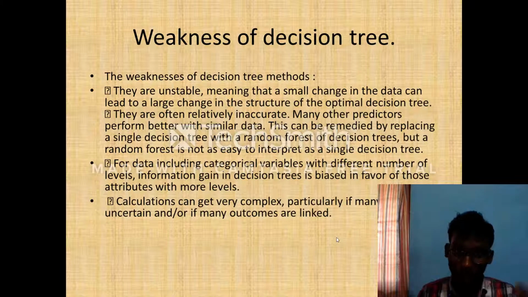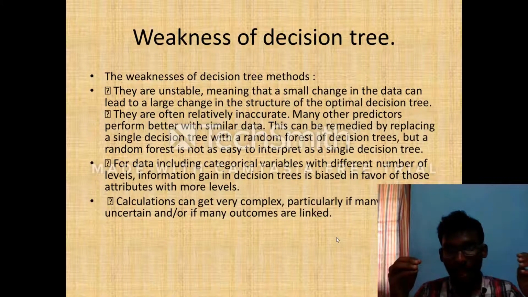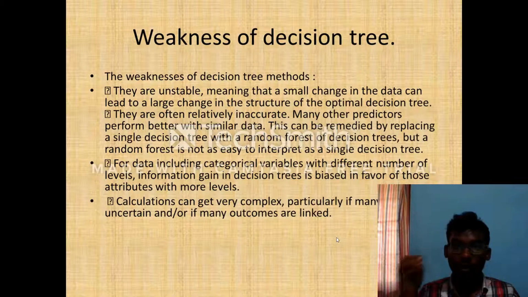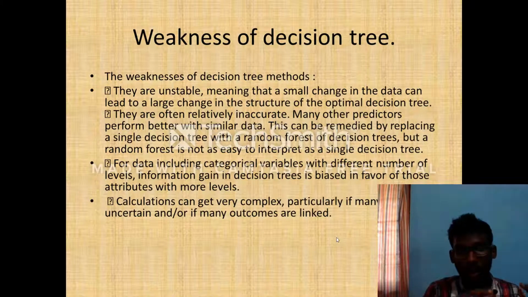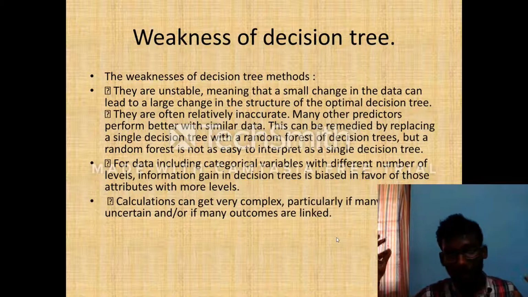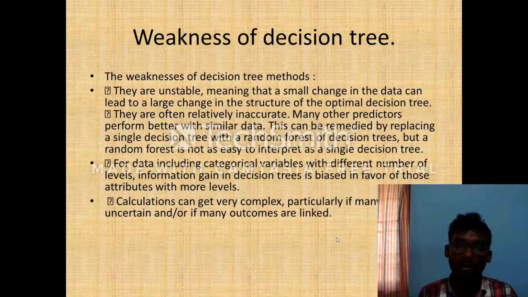But if it is wrong, you have made a large algorithm and put a lot of capital into that project, and then you get a failure because of the long chain in the structure of an optimal decision tree, so it can be inaccurate also. That is the main problem in a decision tree.